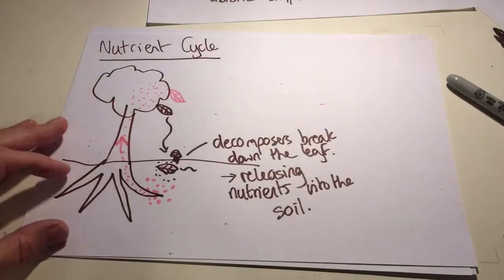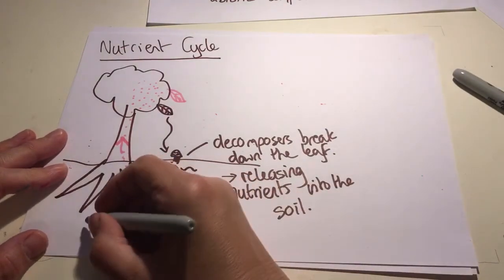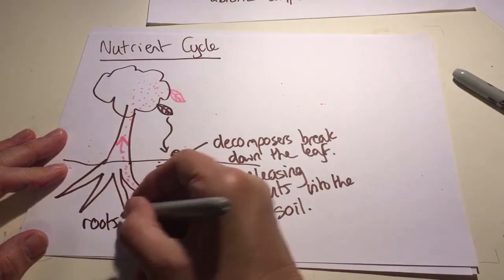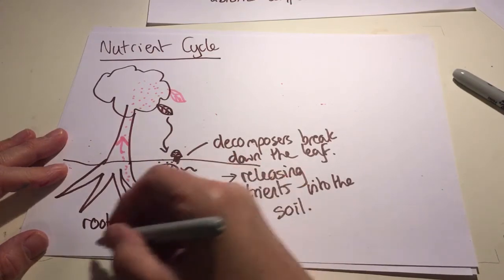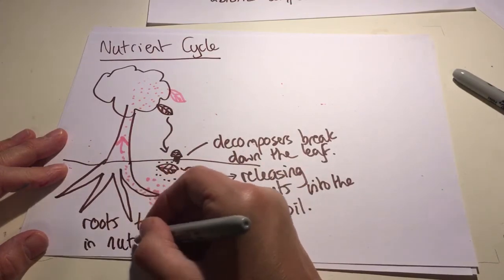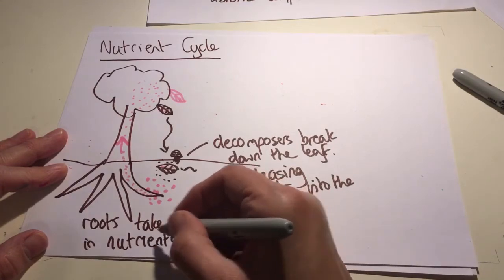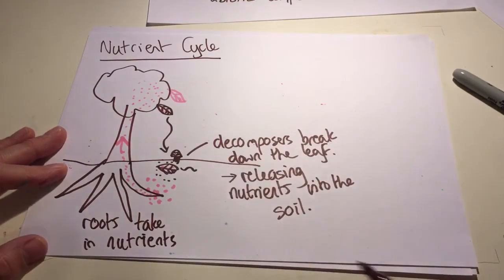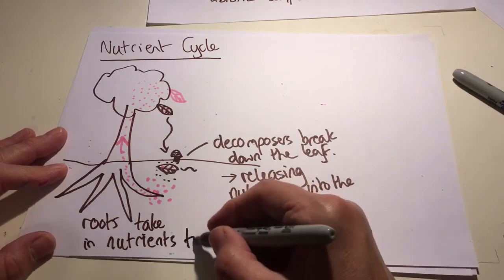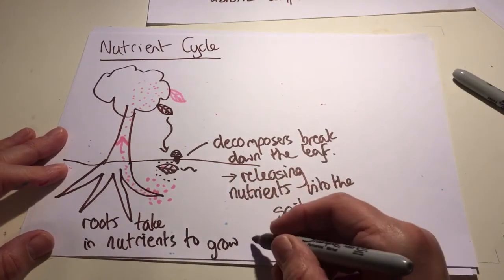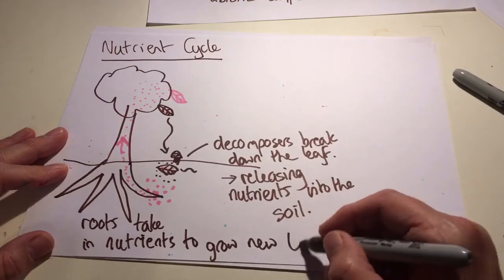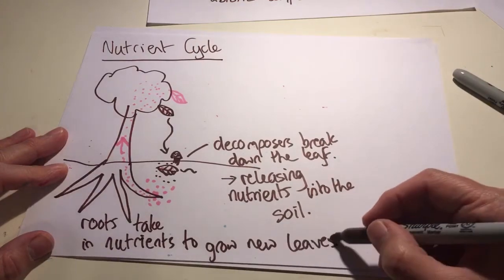So if we put here, roots take in nutrients. Watch your spelling there. Some people like to put a CE. Taking nutrients to grow new leaves.